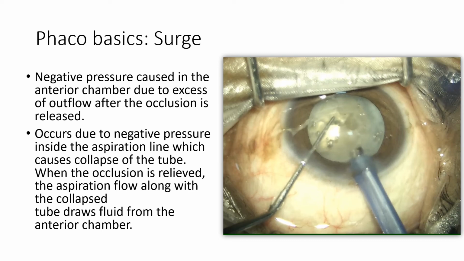Now there is an imbalance with the inflow, and the outflow is divided into three: the tube regaining its caliber, which is also pulling out fluid, and the regular two outflows, leakage and the aspiration outflow. This is something which should be avoided, and the machines are equipped to deal with it.